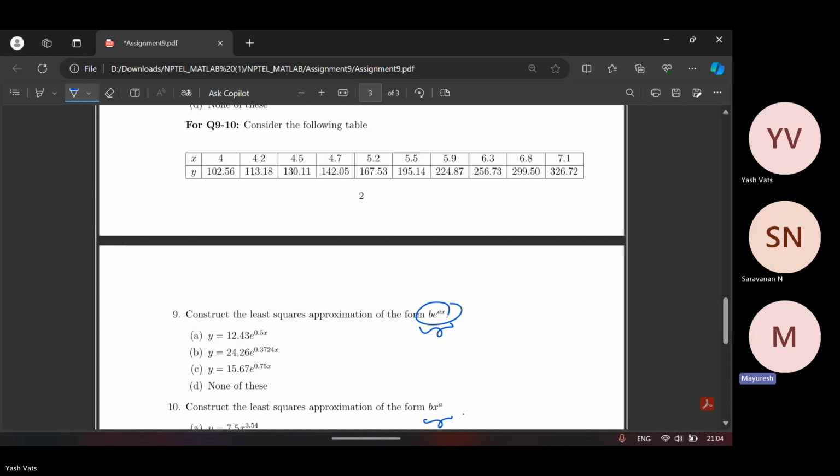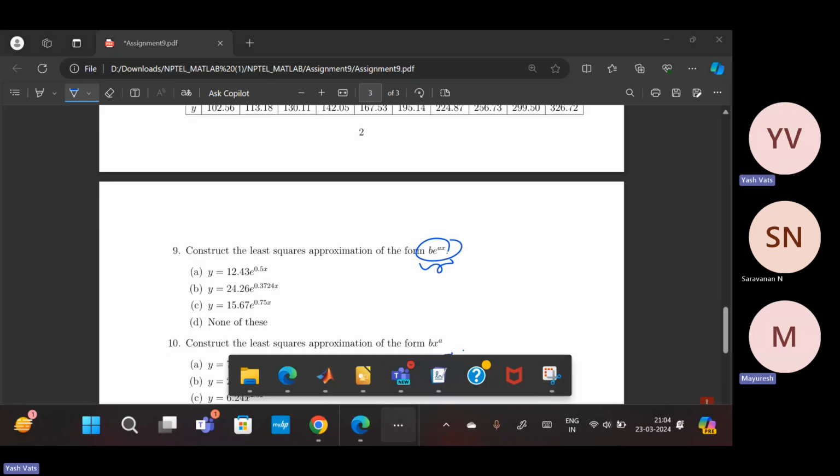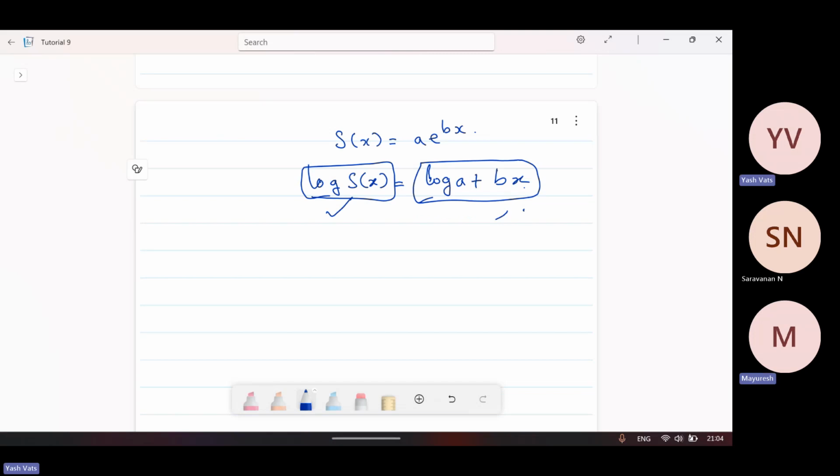For example, in this case y is equal to b into e raised to ax. So it will be ln b plus ax, where ln b is your constant, as in the earlier case. We took C naught to be log A and C1 to be 1.